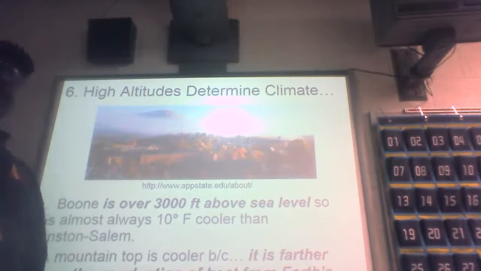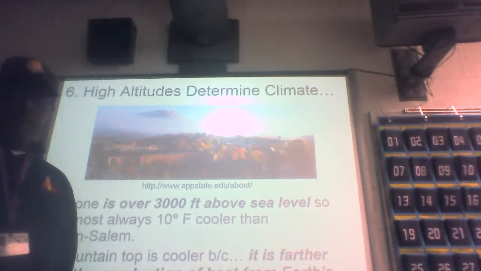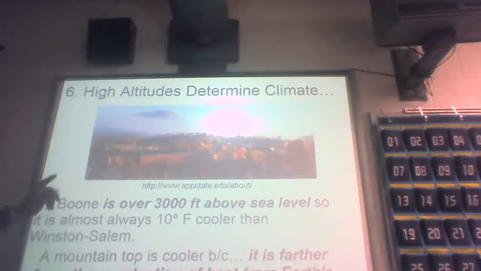All right, next. Important. We need to talk about the climate in our area. We live here. Boone is 3,000 feet above sea level, so it is almost always 10 degrees cooler than Winston-Salem. A mountaintop is cooler because it is farther from the conduction of heat from Earth's surface.